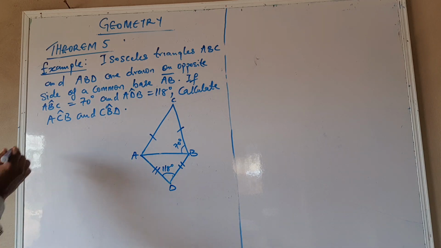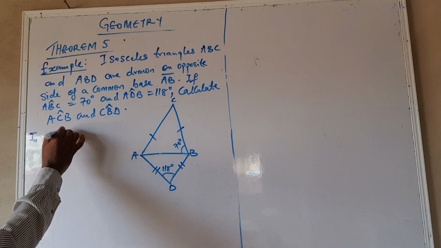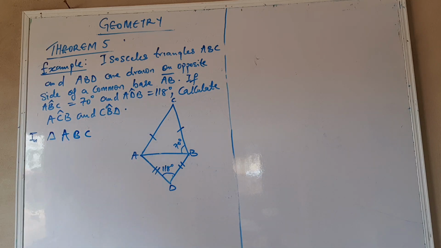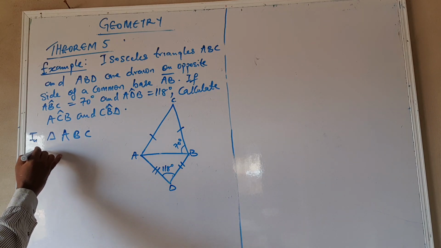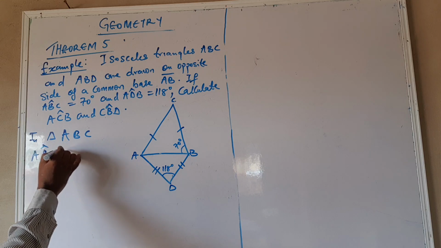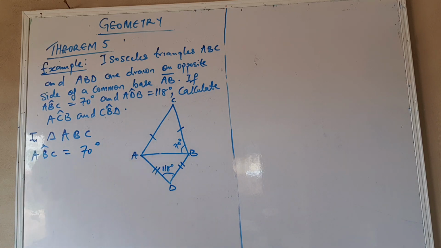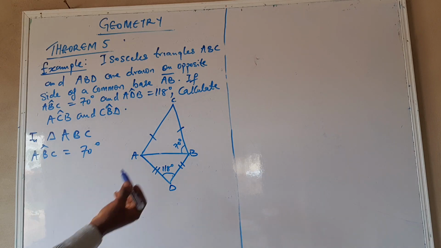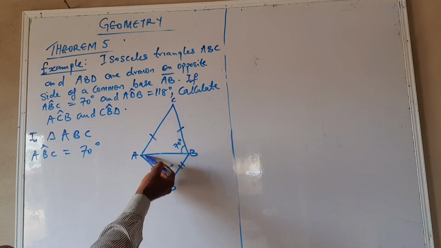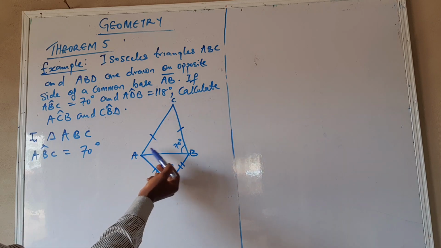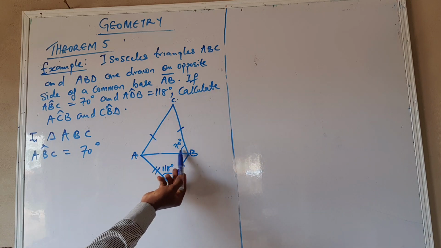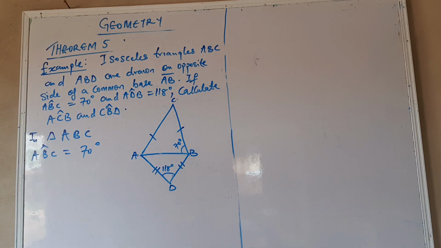Now, let's consider triangle ABC. We agree that ABC is equal to 70 degrees, which has been given. We know that ABC and BAC are the same because they are the base angles of an isosceles triangle.